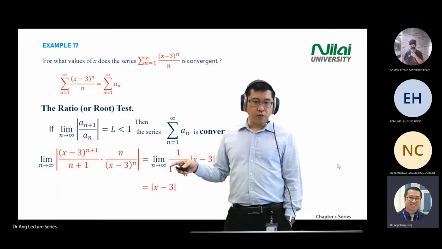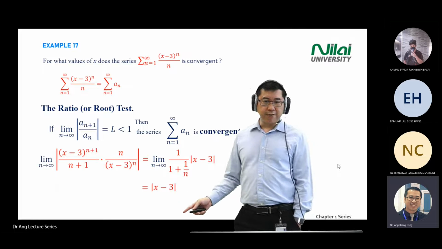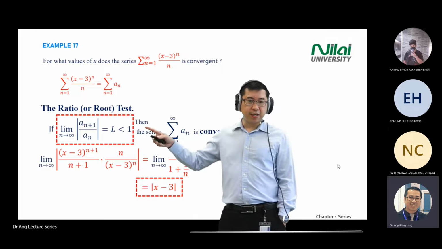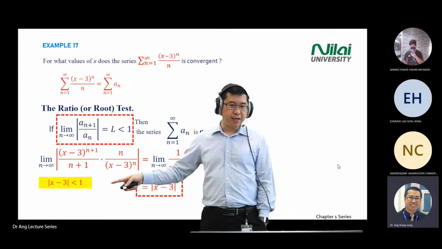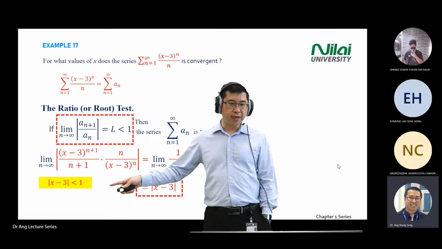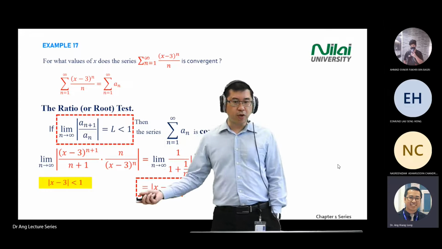And then you do the limit. Up to here, you get 1 more mark. And then the final answer, 2 marks. So you compare this one and this one. You write this one, and this will give you 1 mark. Goalpost x minus 3 less than 1, you get 1 mark. If you stop here, you don't get the final mark. You need to write in terms of x equal to what.